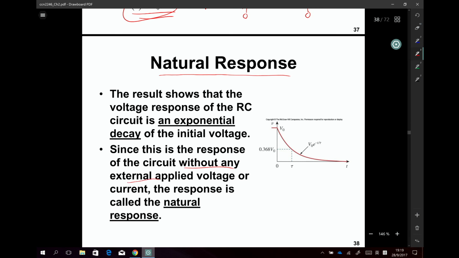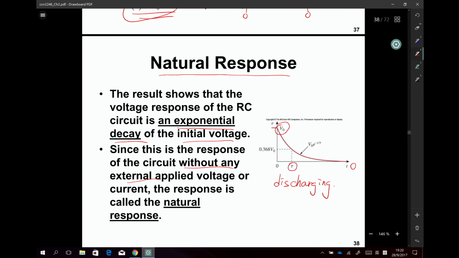Okay, and when you plot this response, you find we have an exponential decay from the initial voltage V0, and after some time it becomes 0. Therefore you can consider that the source-free circuit looks like a discharging curve.